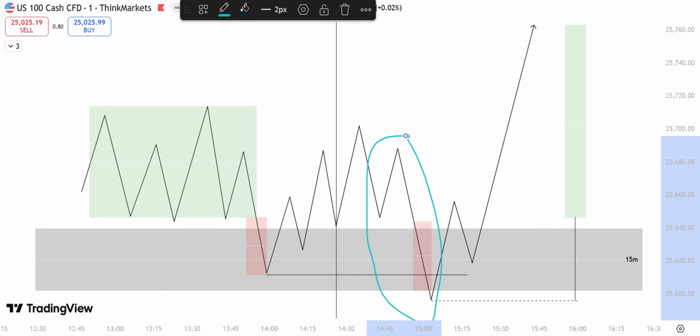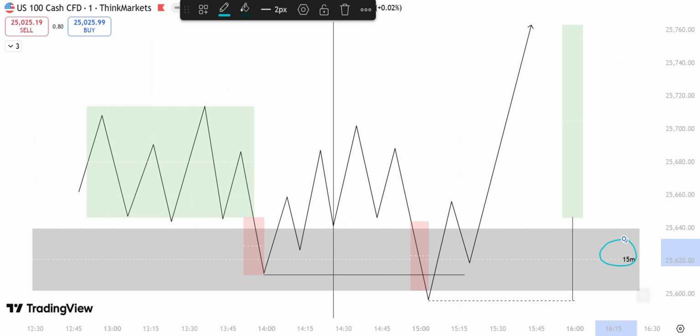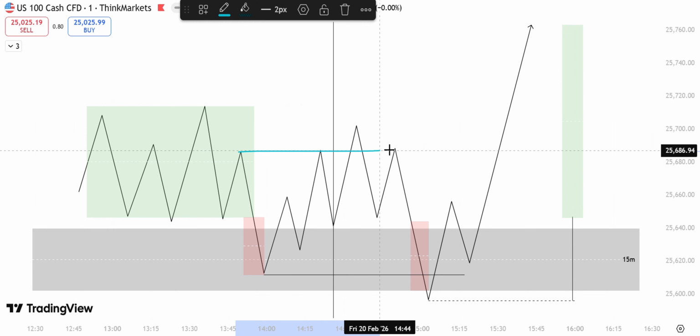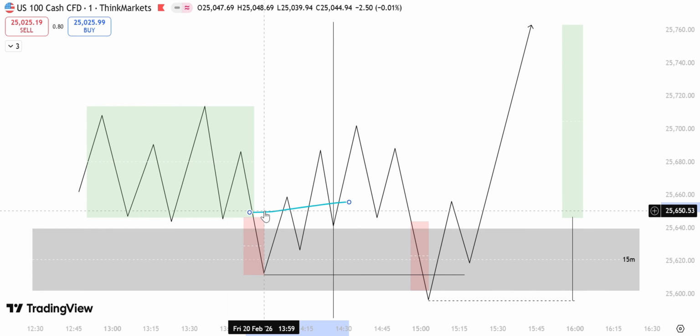So you can see we have the accumulation, manipulation, and then supposedly a distribution. And now this is where most power 3 traders actually fail, because they spot the accumulation, beautifully done. They spot the manipulation to the 15-minute gap, right? Beautifully done as well. And then they see, oh, we have a change in state delivery and an inversion fair value gap right here. So should I enter?